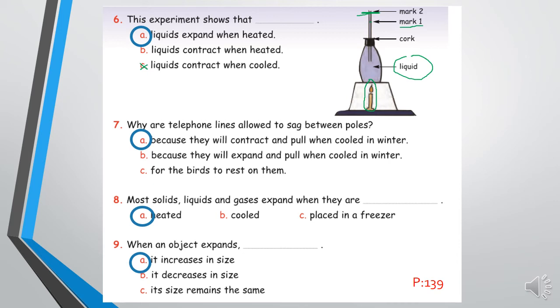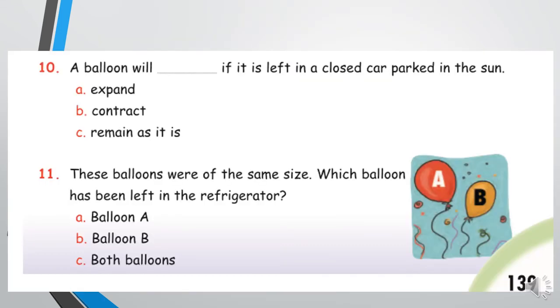Let us move to the next page now. Part 10 on the same page 139. A balloon will expand, contract, or remain as it is if it is left in a closed car parked in the sun. We have a closed car parked in the sun and the balloon is inside it.